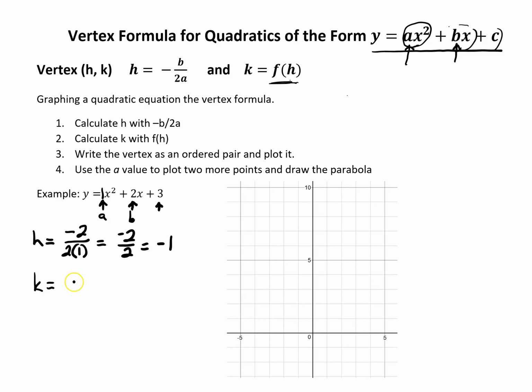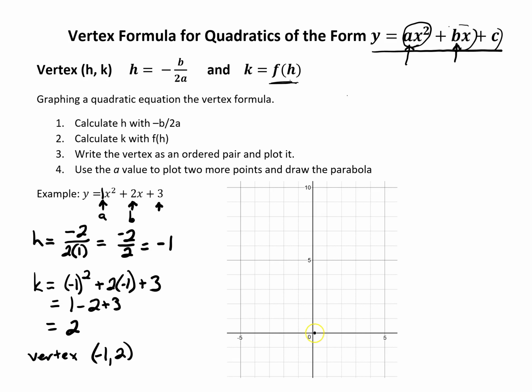K will equal negative 1 squared plus 2 times negative 1 plus 3. Follow the order of operations, and we get a vertex of negative 1, positive 2. So that is our vertex.